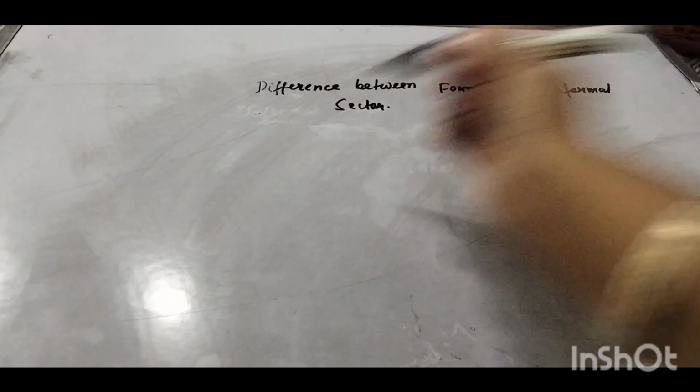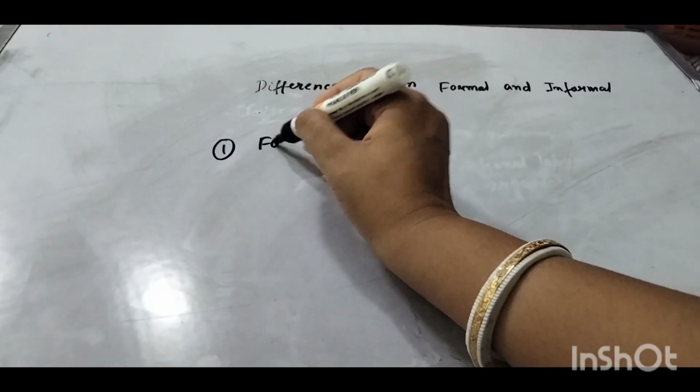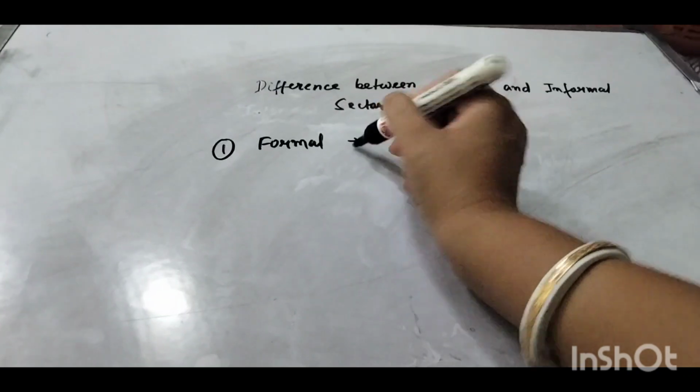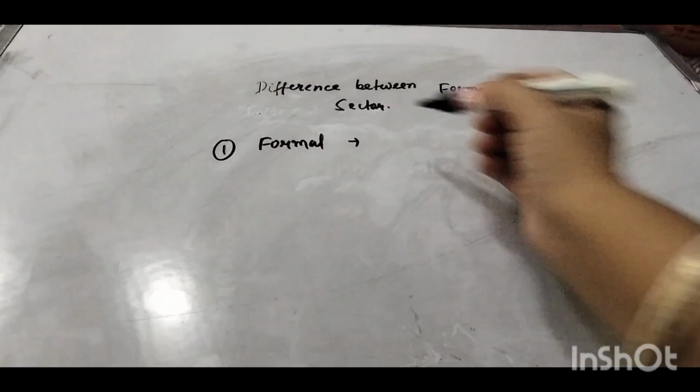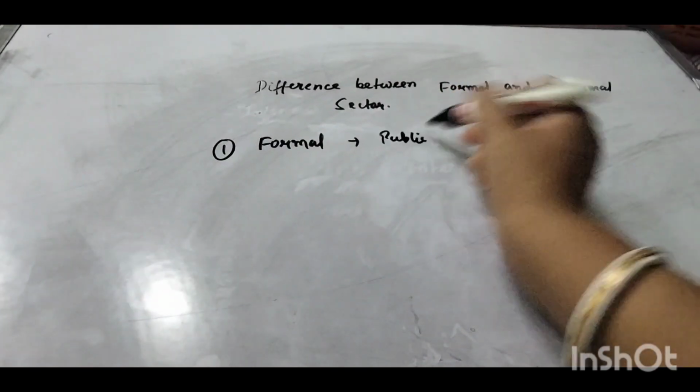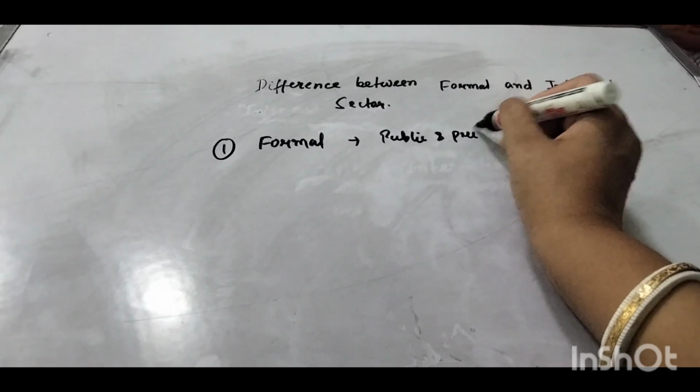The first difference: all the public and private sector establishments employ 10 or more hired workers. That is what we just learned about the meaning of the formal sector.